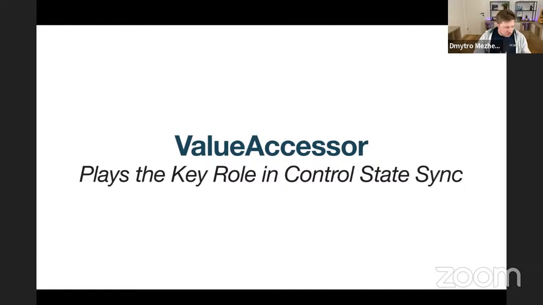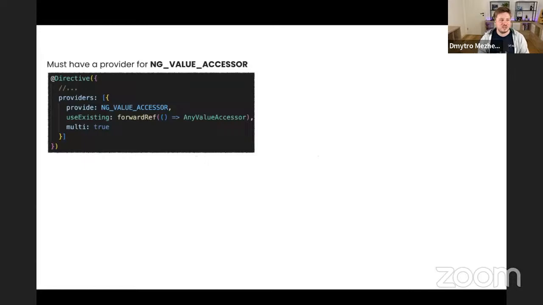Now I think it would make sense to talk a bit about some technical details of the value accessor, what it needs to have in order to be a proper value accessor. So every NG_VALUE_ACCESSOR has to have a corresponding provider where you provide the NG_VALUE_ACCESSOR token.